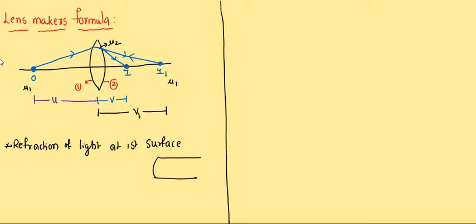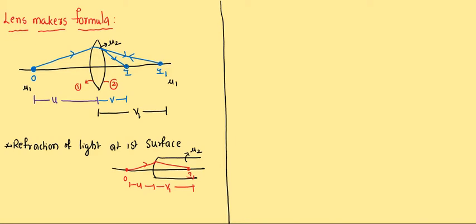We take it on the right side; the first surface is the convex surface, and we take this as the lens medium, and the second surface is very far away. Now this is the principal axis. If the object is O here, then its image will form at I1. u is the object distance and v1 is the image distance, that we know.